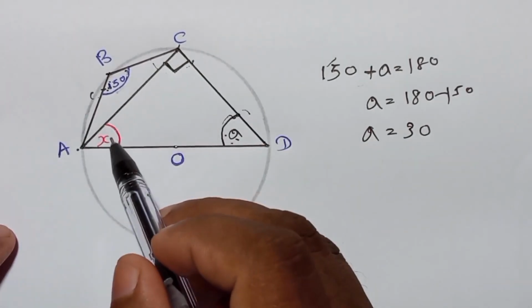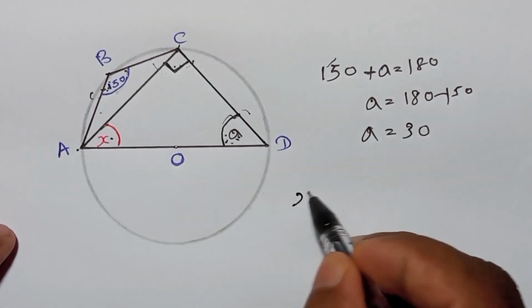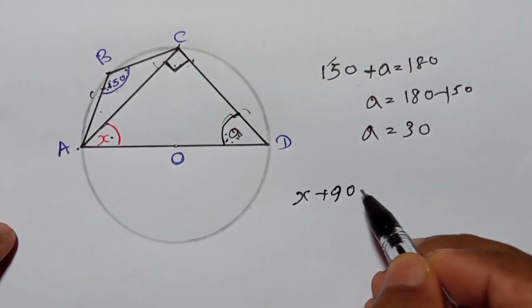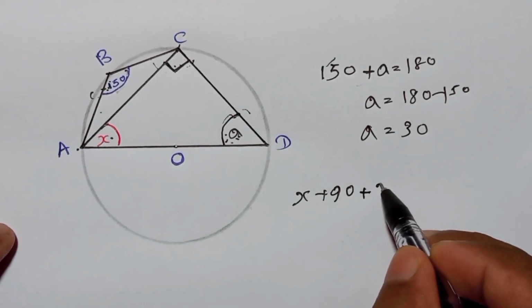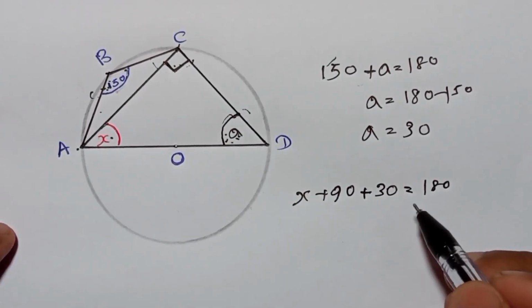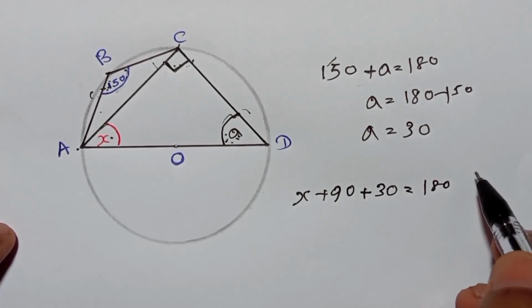Now you can write ACD is a triangle. In this triangle, the interior angles add up to 180. So you can write x plus 90, like I showed you earlier, plus this A we got as 30, equal to 180. Again, the reason is the interior angles of a triangle add up to 180.